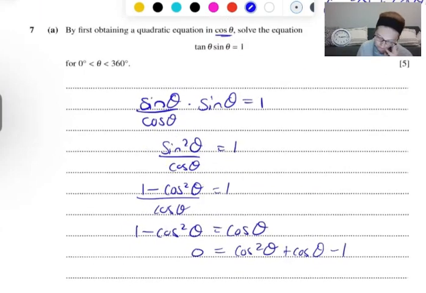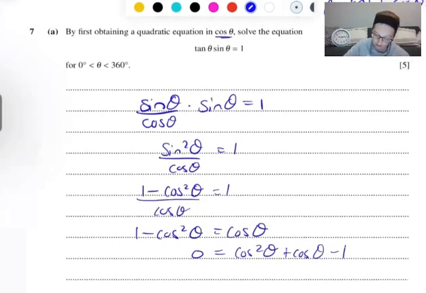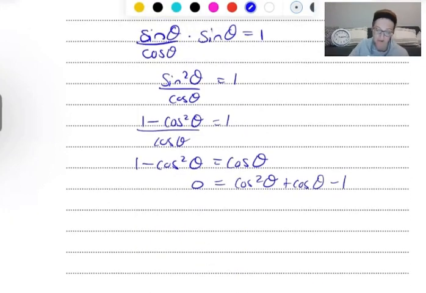Right, how do I solve this? So, sine squared is 1 minus cos squared. I'm just double checking that I've got everything correct because I'm trying to figure out how to factorize this. I might need to use the quadratic formula. Okay, it looks like I'm going to have to use the quadratic formula. I can't see an obvious way to factorize that unless I'm completely missing something.